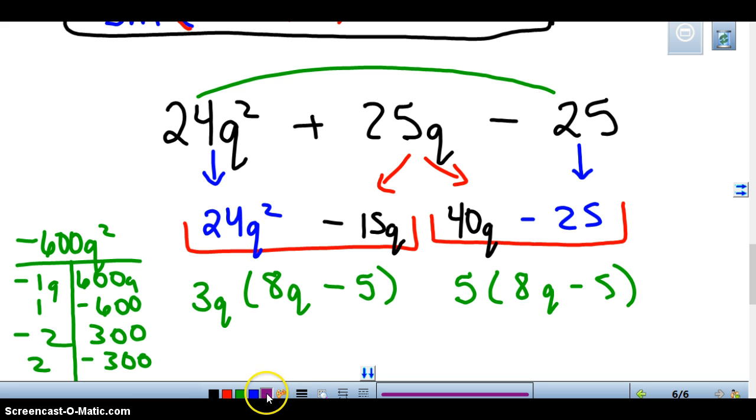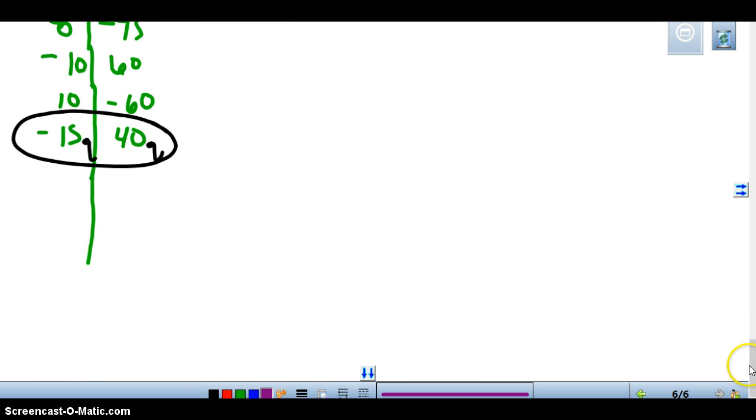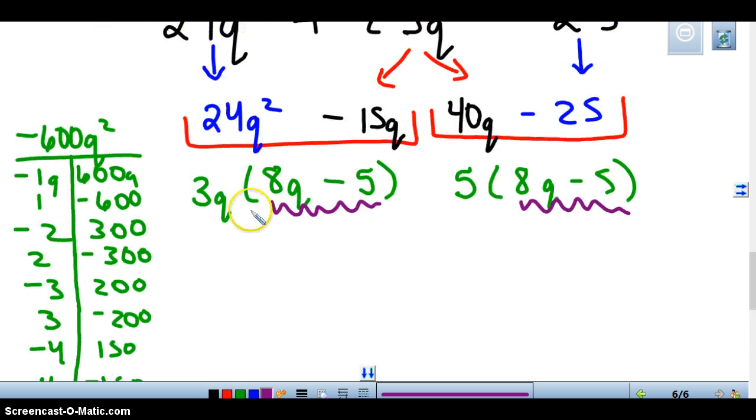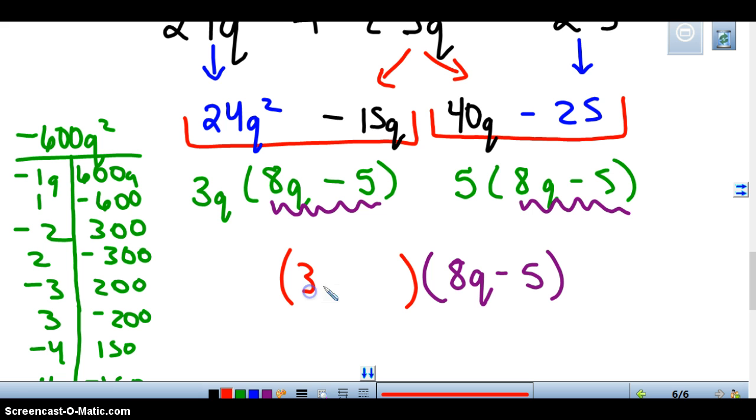Do we have a common binomial? Right here. So that means the common binomial is 8q minus 5, times 3q plus 5.